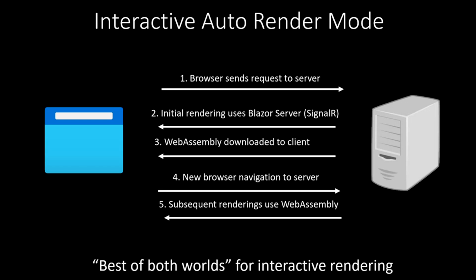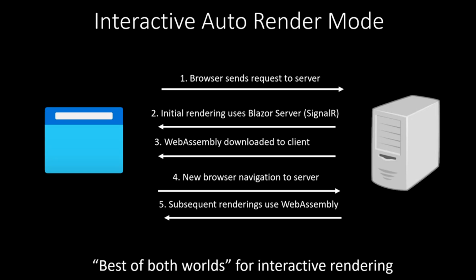At the same time, it will make a request to download the WebAssembly bits in the background. So the benefit here is the user gets immediate feedback to their request. So they get a UI rendered, and in the background, WebAssembly is being downloaded.